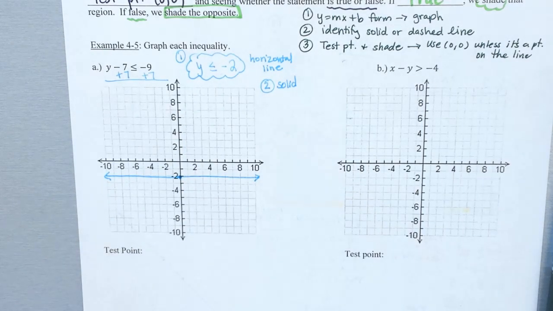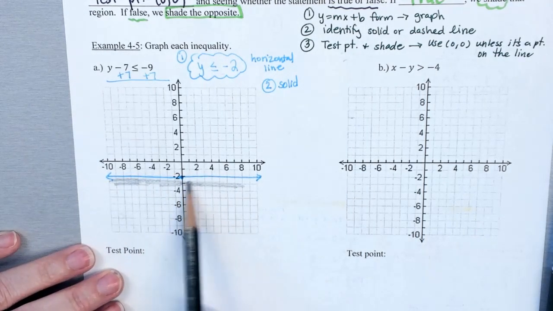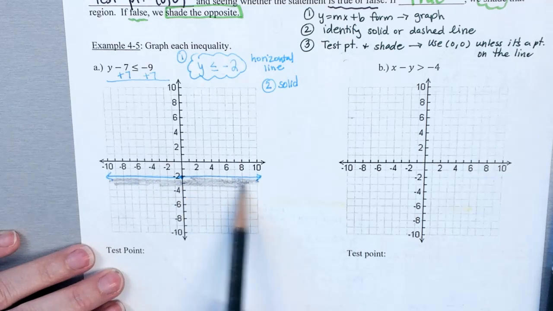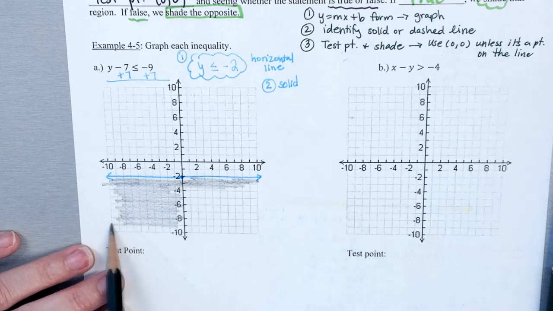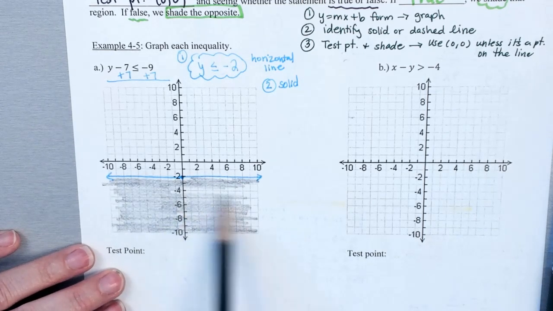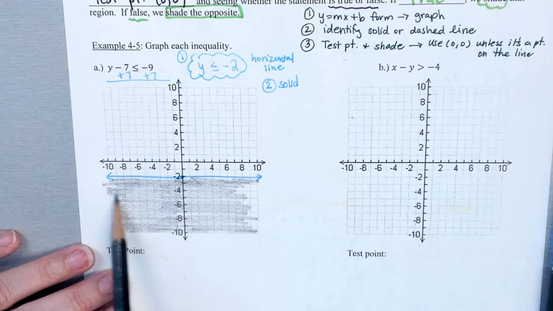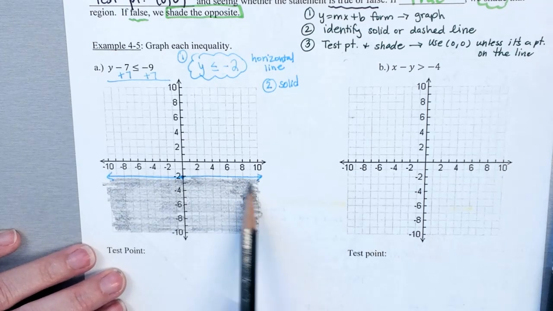Where are all the values that are less than negative 2? Below. So if it's a horizontal line, a test point is not something that you would have to show on your homework. We're going to do it together for this one so you can see how it works. Okay, so we're just going to shade below there.